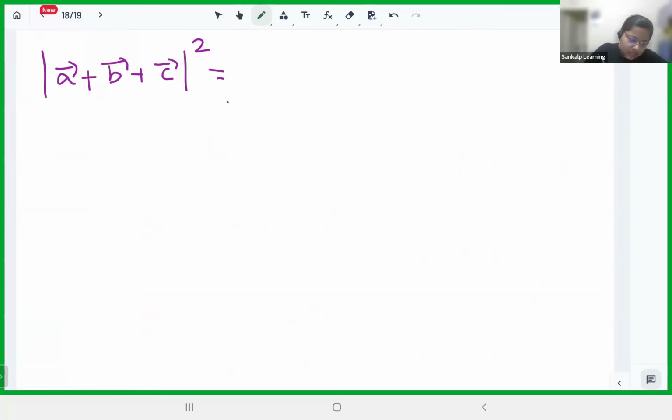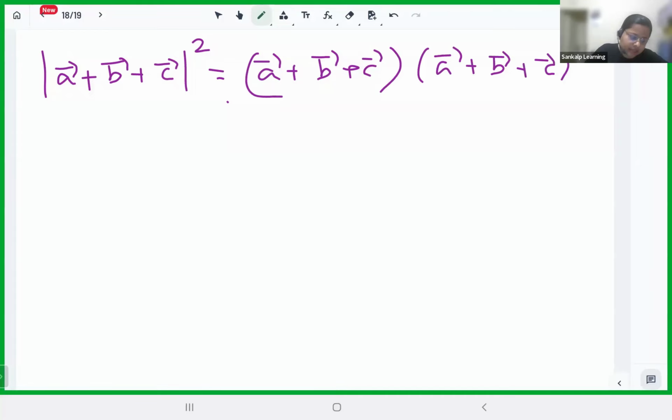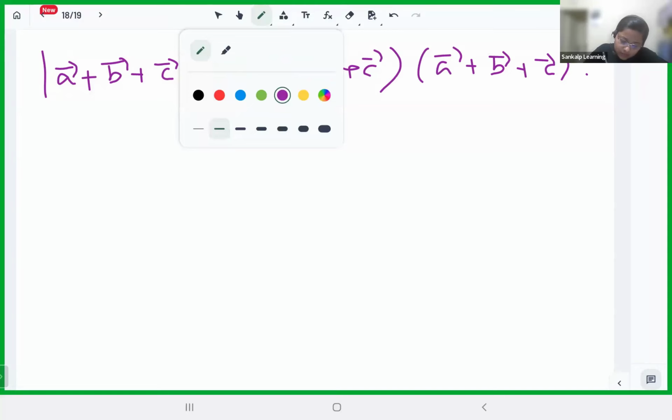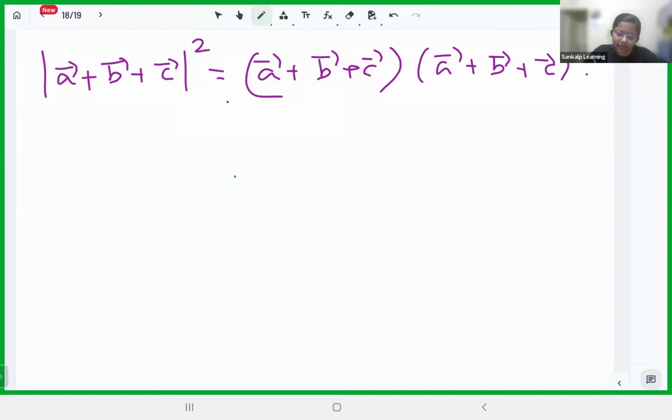So this is equal to vector A plus vector B plus C dot vector A plus vector B plus C. We have already done this in the previous problem, so here also we can do it again.